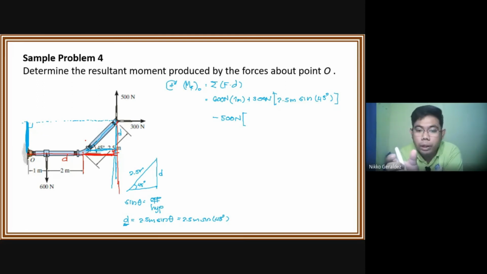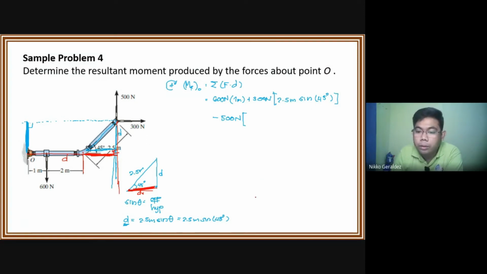To solve for that, balikan natin yung right triangle na nabuo. Yung portion na to, that is the adjacent side of the right triangle. Tawagin natin siyang dx. Gagamit tayo ng cosine function.